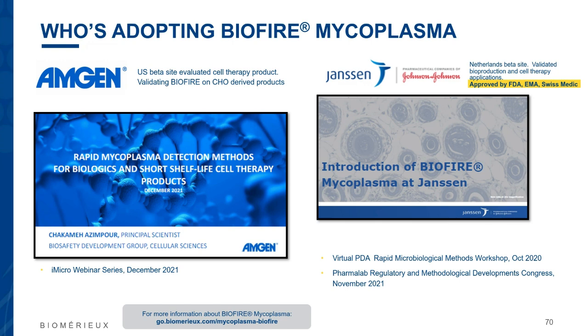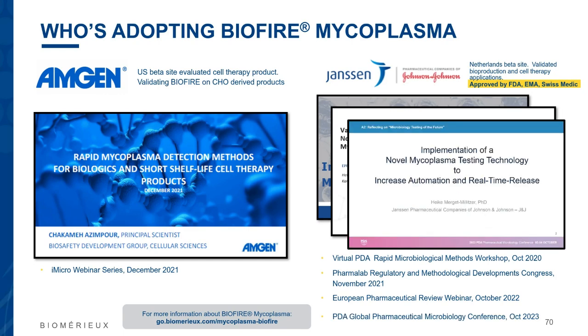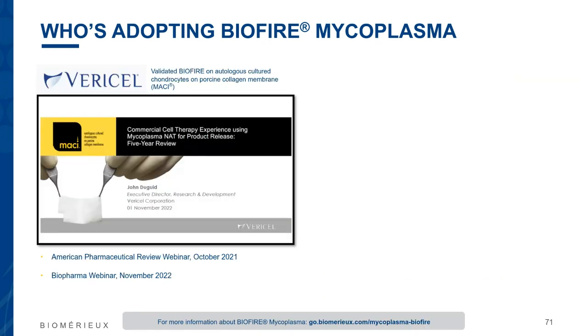And you can see here the presentations and posters that have been given at different international conferences, like the Rapid Microbiological Methods Workshop organized by the PDA, the Pharma Lab, some articles in the European Pharmaceutical Review, some webinars available on demand, and so on.